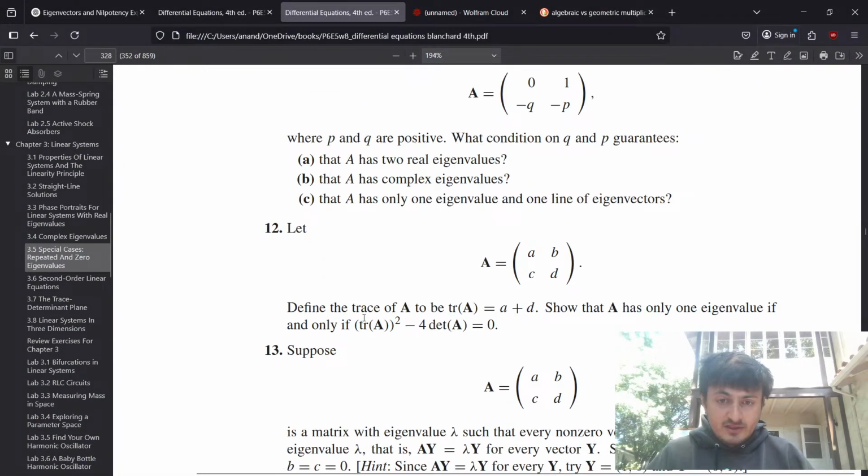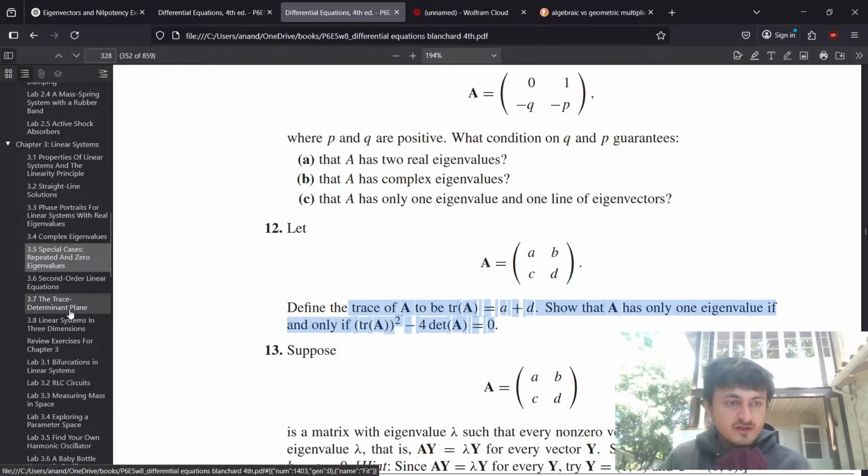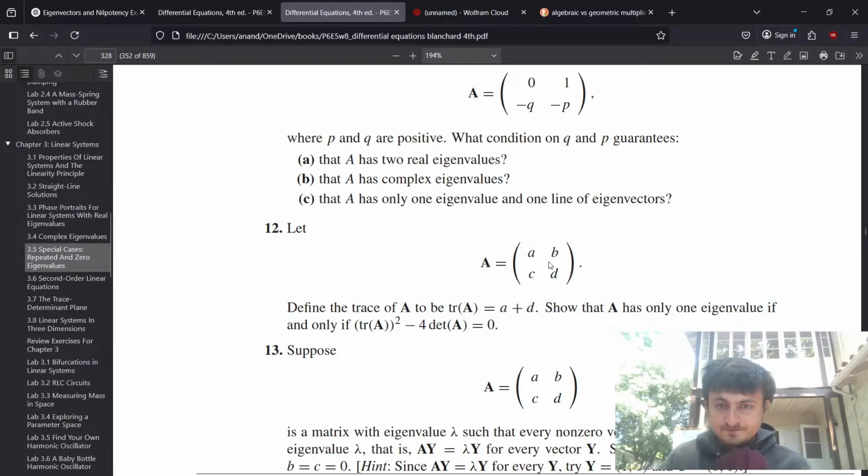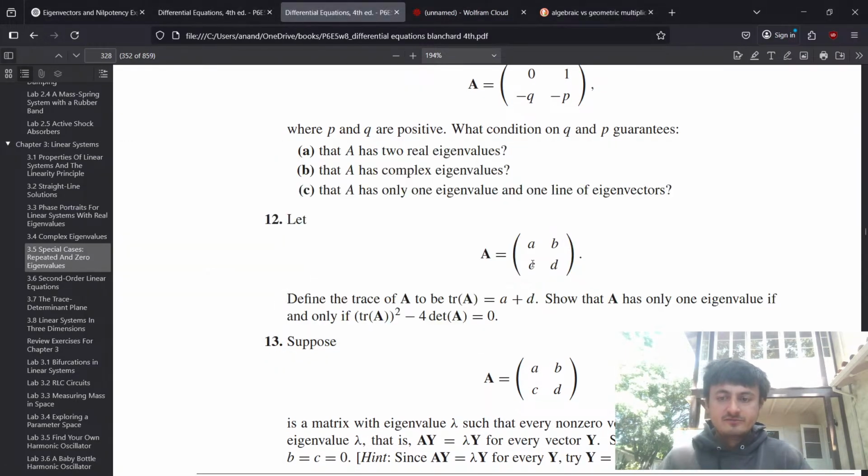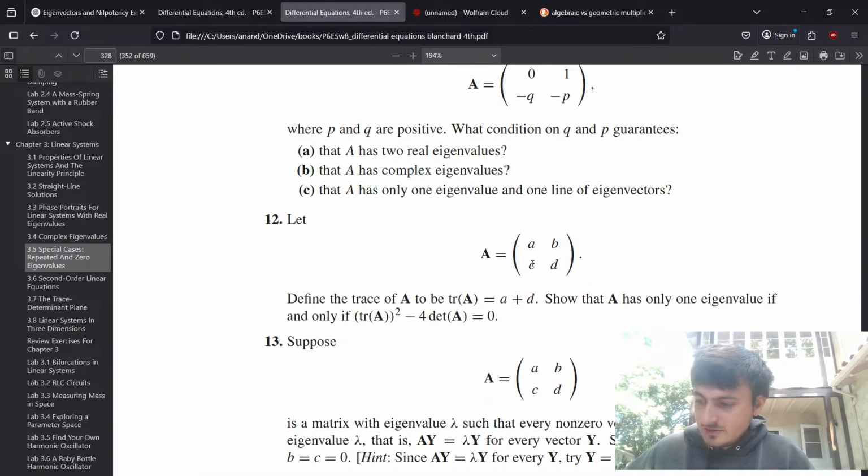Problem 12. So they're gearing you up for the 3.7, but basically, why don't we do 12? 12 is good. So A is equal to the matrix a, b, c, d.